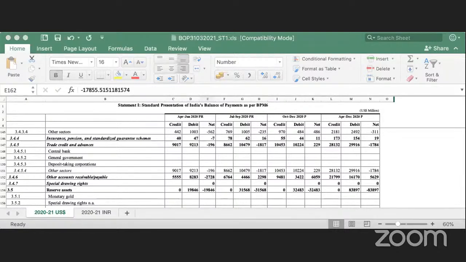Can you see it? You can just click on this. It will take you to the statistics of the Reserve Bank of India. Check if it is opening, and open it at your leisure time, and spend two to three hours on this. You will get the idea for your project report, the summer internship report.